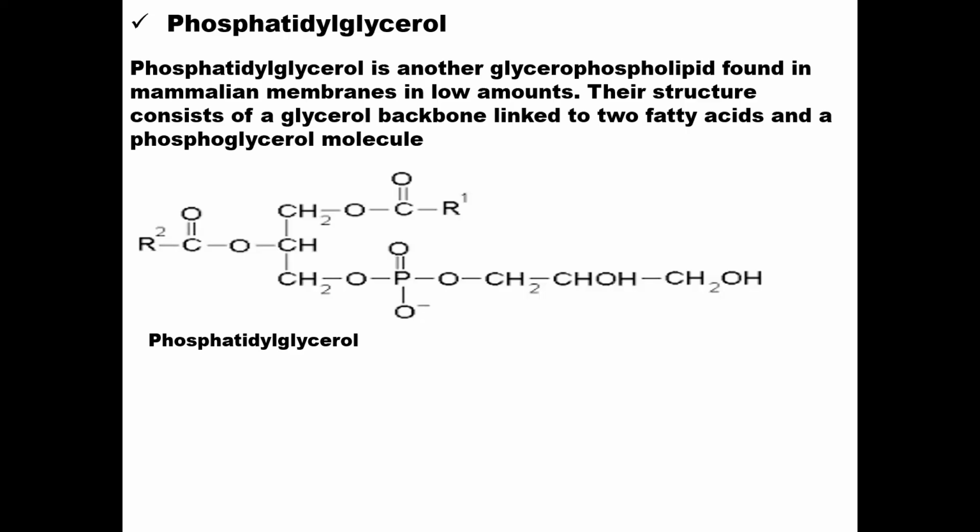So for phosphatidylglycerol, which is another glycerophospholipid that is found in the mammalian membranes, but in low amounts, the structure consists of a glycerol backbone that is linked to two fatty acids and a phosphoglycerol molecule.